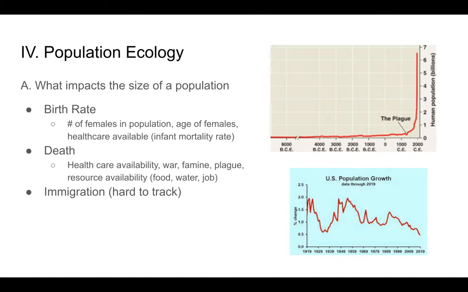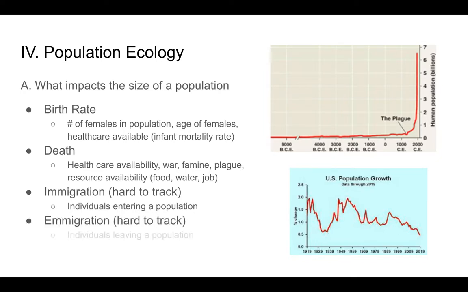Now, the issue with the last two things that are going to impact population growth is that they're really hard to get accurate data on. So most population growth rates are calculated by births and deaths. That is easier data to access. So immigration is individuals that are entering a population. Emigration are individuals that are leaving a population for some reason or another.